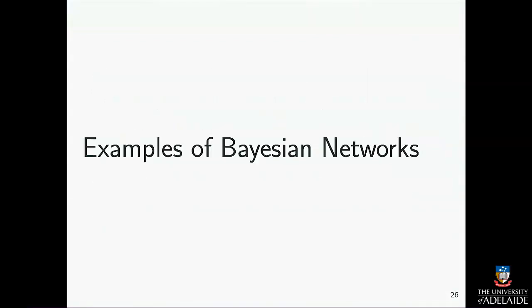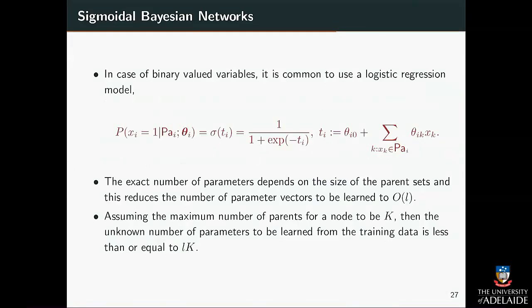So let me give you some specific examples of parametric models that are used. Some of them have become basically black box tools that people utilize without necessarily reflecting strongly on whether they're applicable or not. One is the sigmoidal Bayesian network. Here all the variables are binary, so each can be either 0 or 1, right?